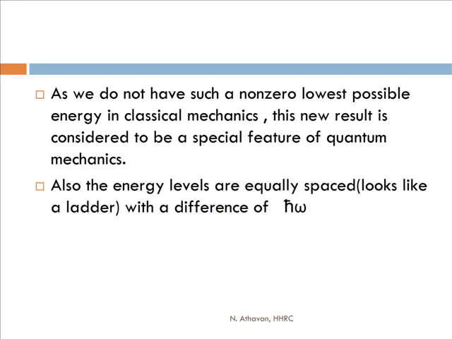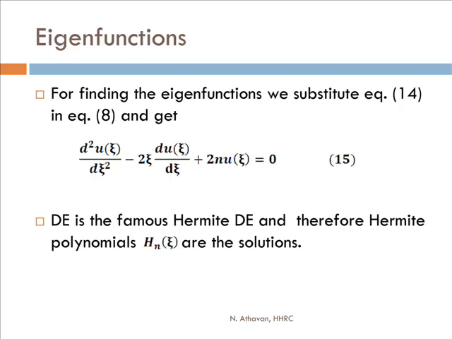As we do not have such a non-zero lowest possible energy in classical mechanics, this new result is considered to be a special feature of quantum mechanics. Also, the energy levels are equally spaced. That means they look like a ladder with a difference between two consecutive levels of h cross omega.